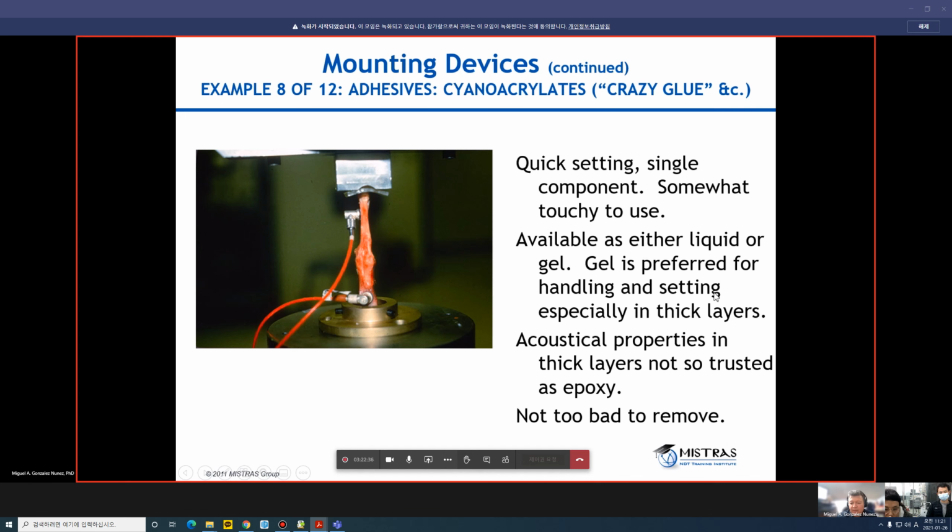The gel is preferred for handling and setting, especially in thick layers. The acoustical properties in thick layers are not as trusted as epoxy, but the important thing is they are not too bad to remove the sensors. So this could be one option for you to keep your sensors in place. I don't know if you have tried that.